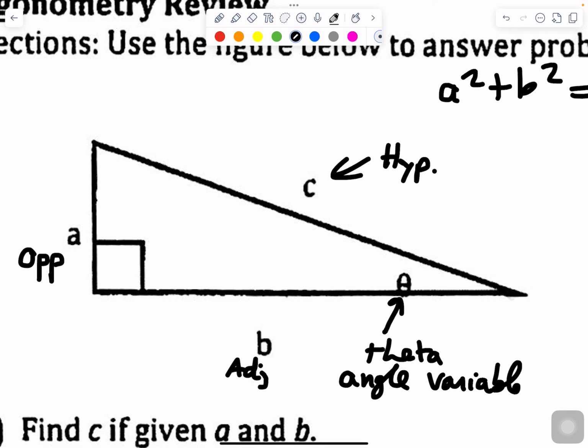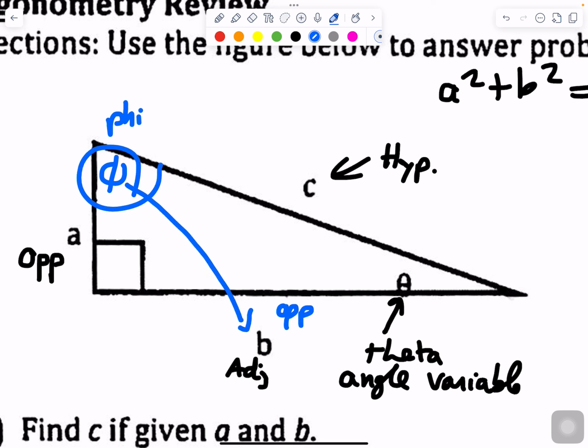Now, say I used another angle, like angle phi, which is also a 0, but it has a vertical slash through it. This is angle phi. Well, you can see things are a bit different now because side B is now the opposite side of angle phi, and side A is now adjacent to angle phi.